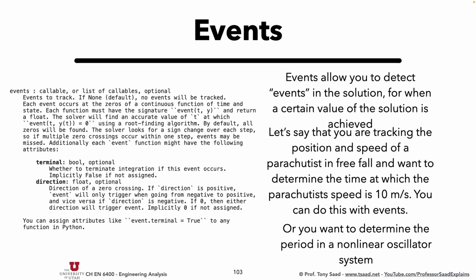Now, every event, by definition, has two options. Event.terminal is a Boolean, so true or false, whether you terminate the integration when this event occurs. So say, I want to integrate for the parachutist.